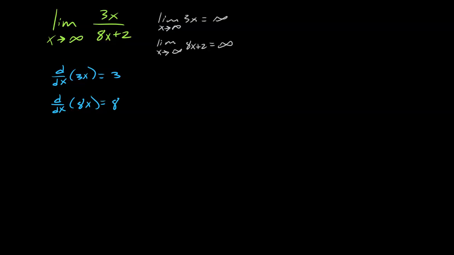Okay, and so the original problem says the limit as x approaches infinity of 3x over 8x plus 2 is equivalent to the limit of 3 over 8. And if I plug in infinity, Eric, what do I get if I plug infinity in place of x? Nice.